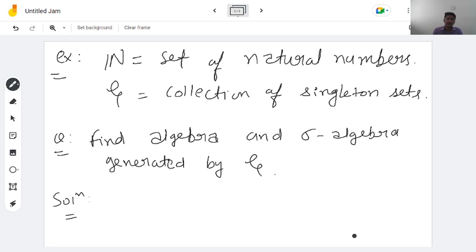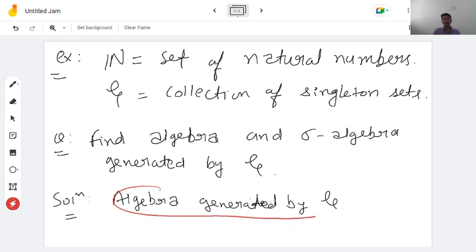From the definition, first of all, we will find the algebra generated by C. So how will we find it? From the definition, we know the algebra generated by C is the smallest algebra that contains C. So C will be there.